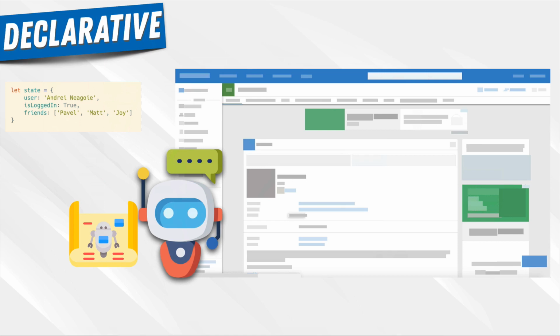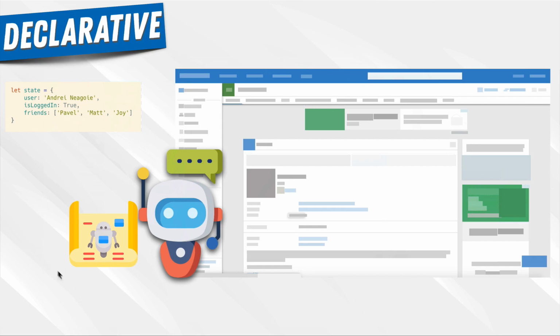So React says, hey, you know what? Let me take care of that. I'll find the best way for me to change the DOM and just declare to me what your app looks like. So all we need to do is say, hey, this is a JavaScript object of how I want the app to look.